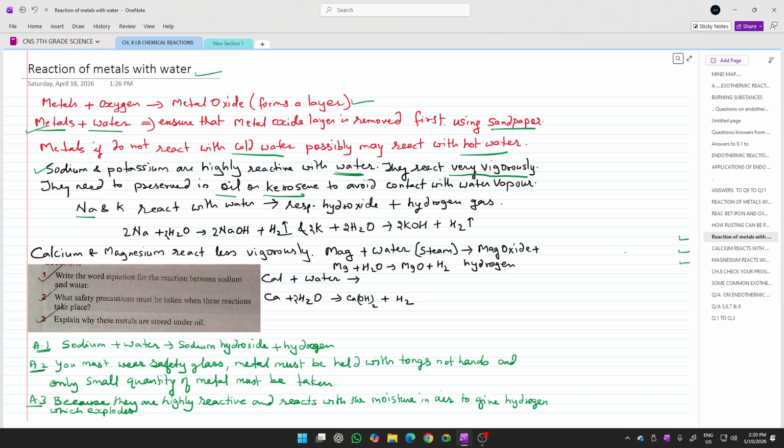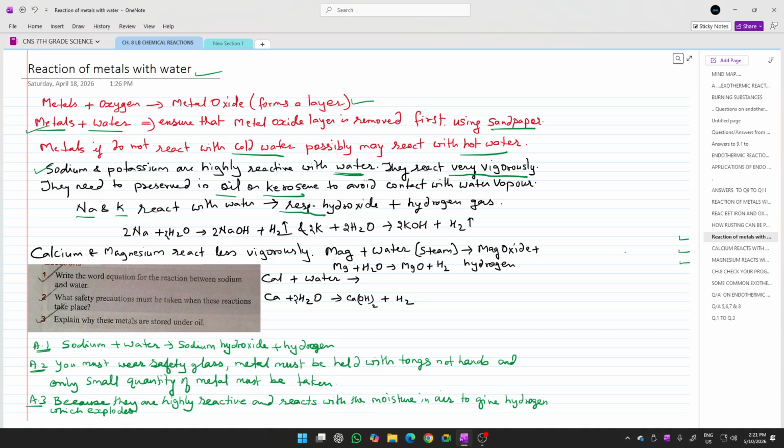Sodium and potassium, I have written the symbols over here, Na and K. Sodium and potassium react with water, and the word reaction is: sodium and potassium will react with water to give you the respective hydroxide. So if it is sodium metal that you are reacting with water, you will get sodium hydroxide. If potassium metal, you will get potassium hydroxide.